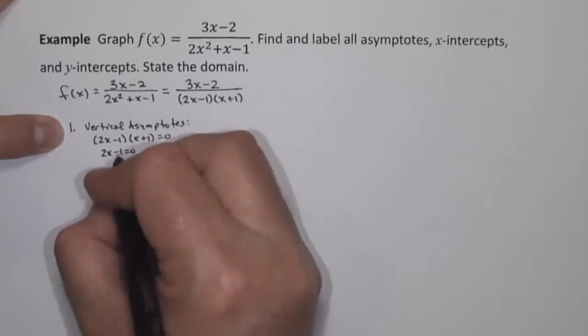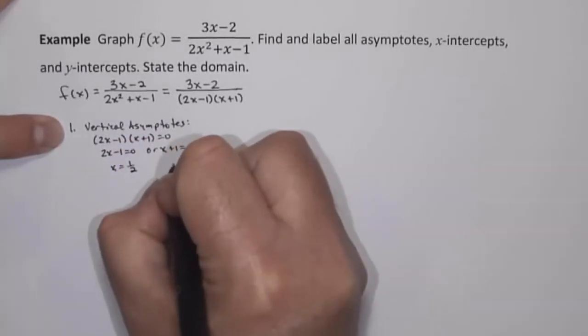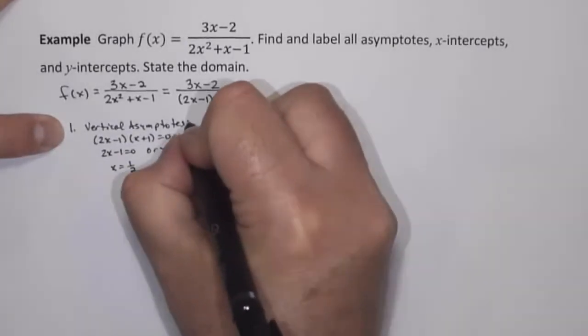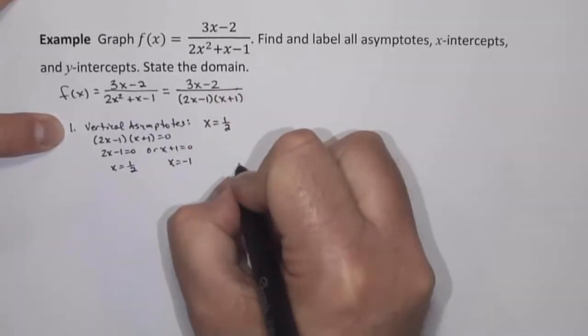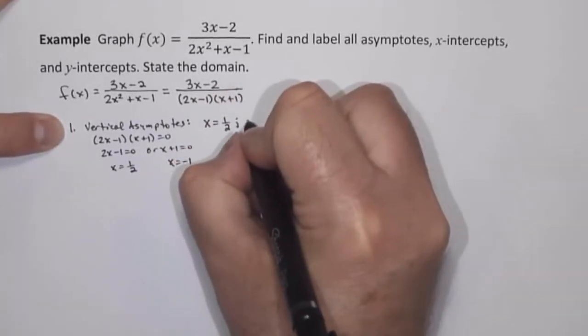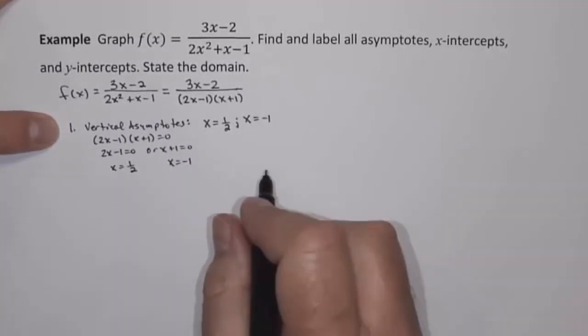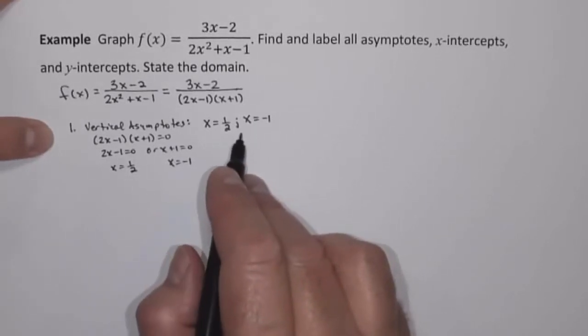If 2x minus 1 equals 0, then x is going to equal 1/2. If x plus 1 equals 0, then x is going to equal negative 1. So we have two vertical asymptotes. The vertical line x equals 1/2 is going to be a vertical asymptote, and the vertical line x equals negative 1 is going to be a vertical asymptote. So we've done step 1 of our strategies.